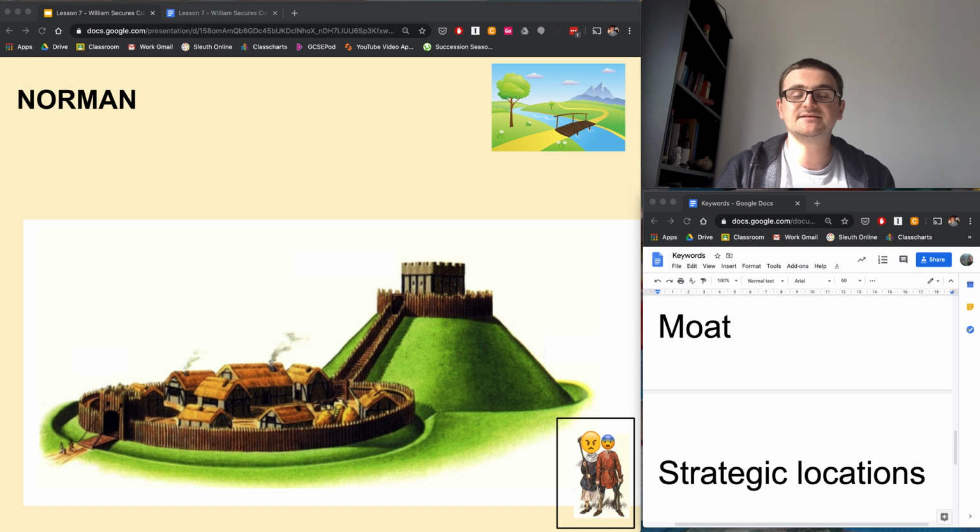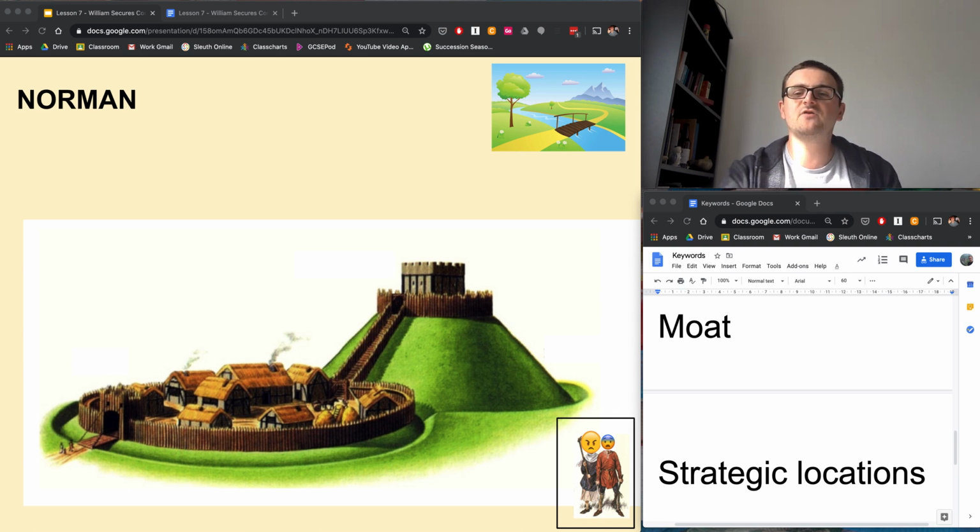It was very hard to look around the distance, not see a Motte and Bailey castle and not be reminded that a foreign invader has taken over the country. So these castles made William much more unpopular than he already was with Anglo-Saxon people.